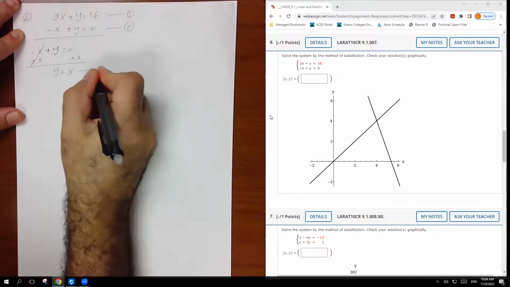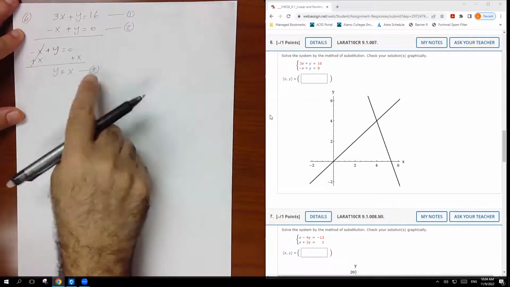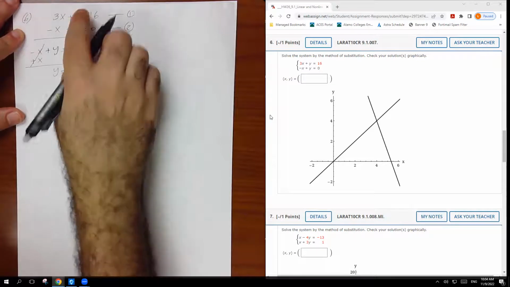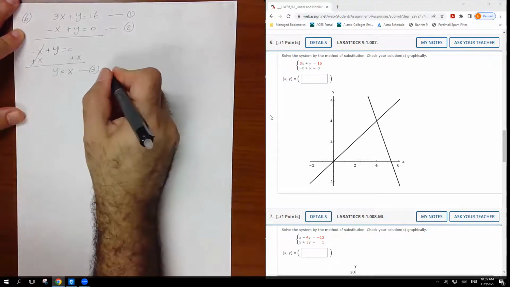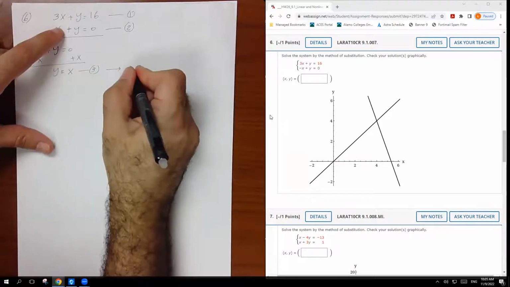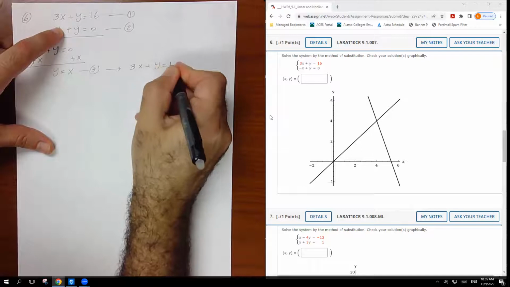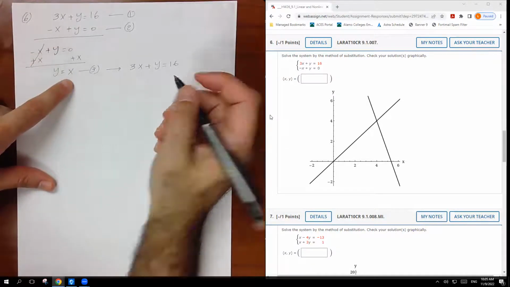So this is the third equation. Now I'm going to substitute 3 in 1. Here is 3x plus y equals 16. In place of y, I'm going to put x.